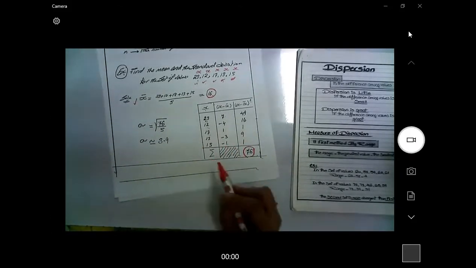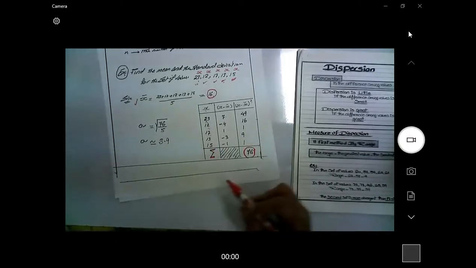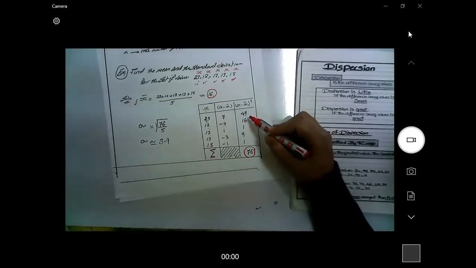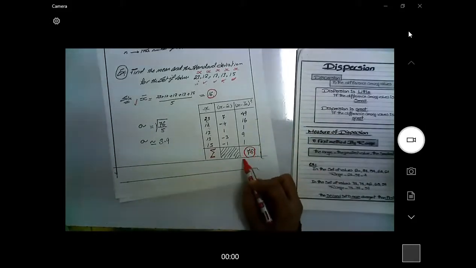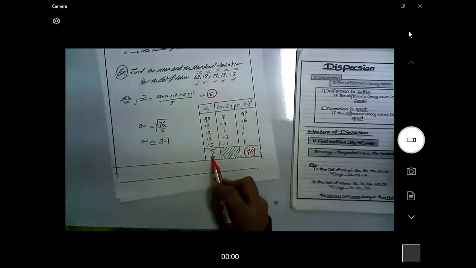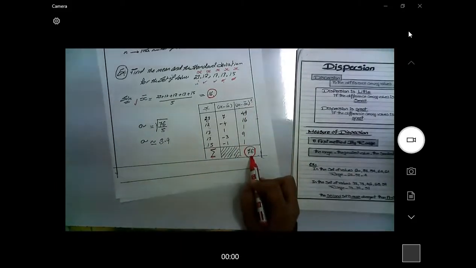Then we start the summation. We add the values 49 plus 16 plus 1 plus 9 plus 1. The final answer is 76. This is the summation of x minus x dash all to the power 2.